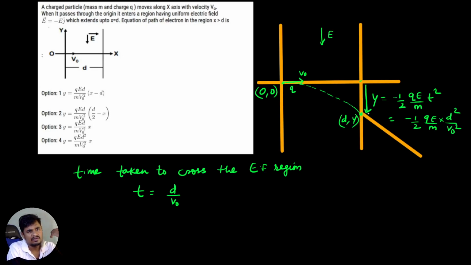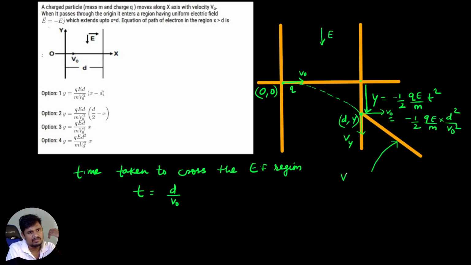Now we have to write the equation of this line, which can easily be calculated. For this, I just need to know the slope of this line. So what will be the slope here? In this direction it will have a speed vy, and in this direction its speed is v0 itself.